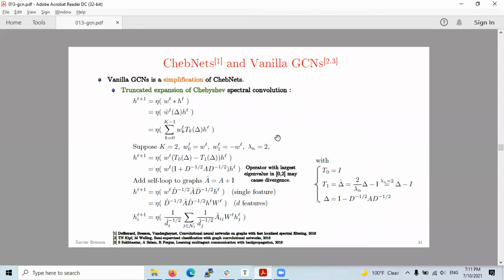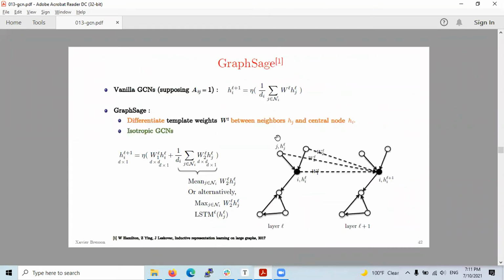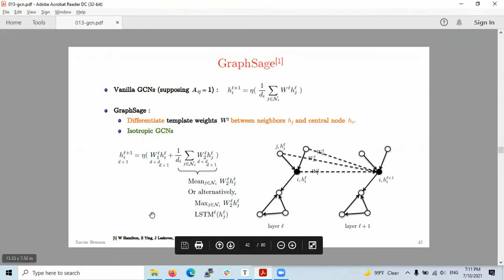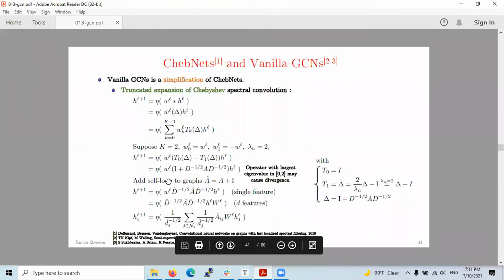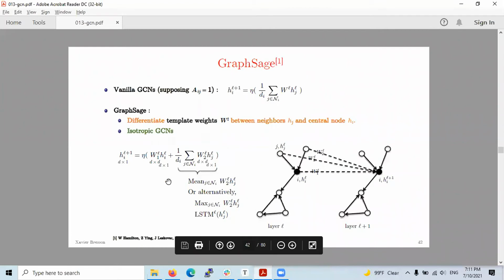In the previous ones, the weights were constant. Now the weights are different for different neighbors of the central node. This is similar to an LSTM understanding of this, it seems, and it gives better results than the previous vanilla GCNs.